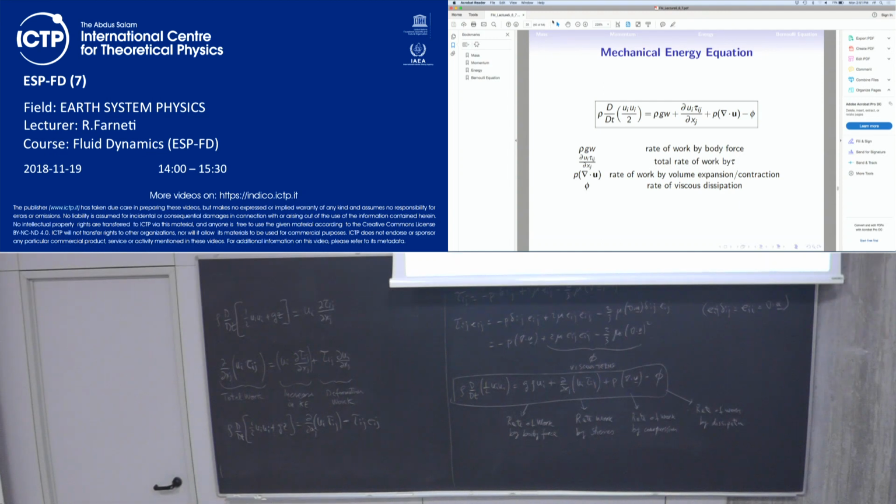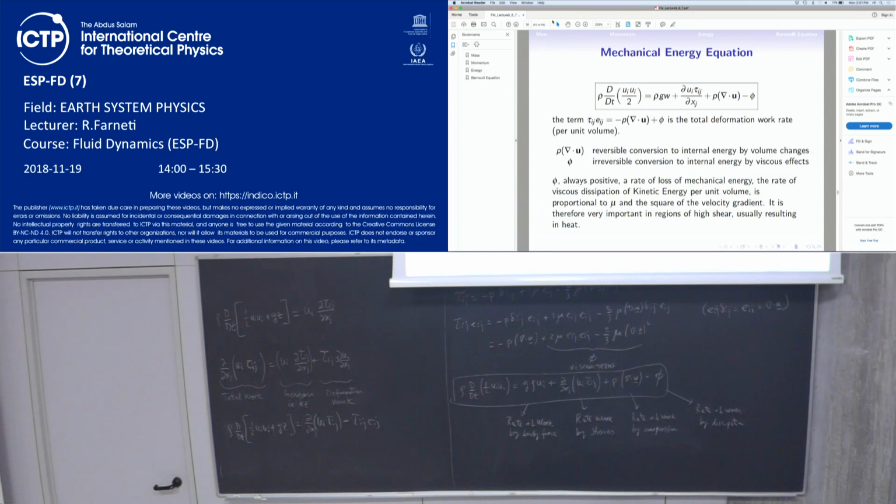Same thing that I just said. Rate of work done by expansion and contraction and viscous dissipation. Okay, viscous dissipation usually takes energy into heat, and we'll see the heat equation next time. Those two deformation work terms, one is reversible, the compression and expansion, of course, that's a reversible conversion from internal energy by the volume changes in the element of fluid, compressing and expanding, whereas the viscous dissipation is irreversible.